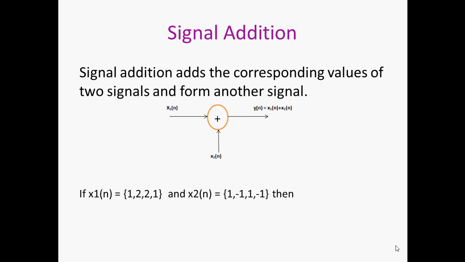If x1 of n equal to 1, 2, 2, 1 and x2 of n equal to 1, minus 1, 1, minus 1, so both the time ranges are from 0 to 3. Then your y of n is obtained as x1 of n plus x2 of n, which is nothing but 1 plus 1 will give you 2, 2 minus 1 is 1, 2 plus 1 is 3 and 1 minus 1 is 0. The corresponding values are added.